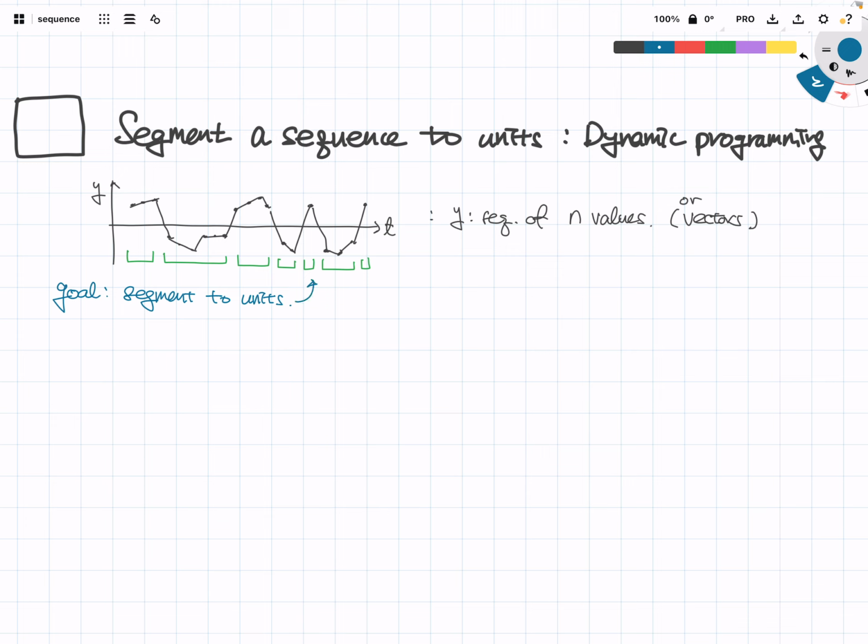So how can we chunk this sequence into groups of similar values? Okay, a unit here means a group of similar neighboring values.